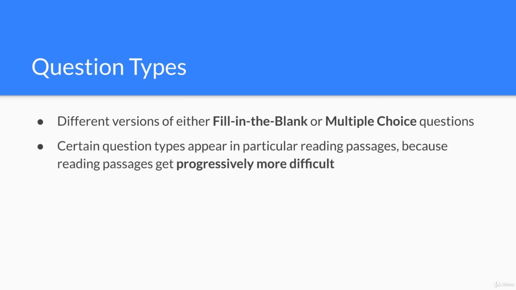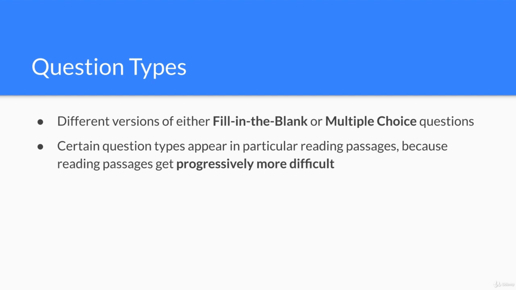Now, there are going to be certain question types that are going to appear in only specific reading passages. And the reason for this is that reading passages get progressively more difficult. So we've already talked about this as well, that reading passage number 1 is easier than reading passage number 2, and reading passage number 2 is easier than reading passage number 3.